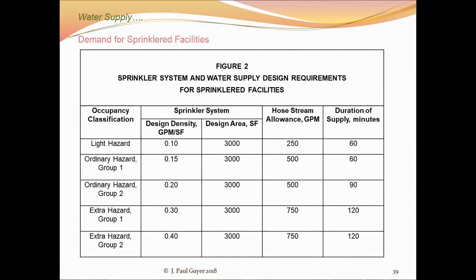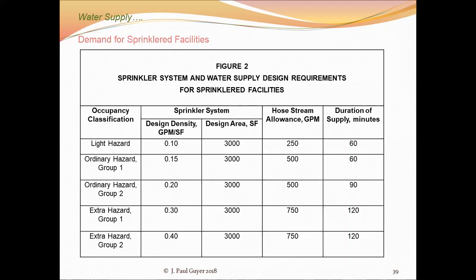So you need then, for a light hazard occupancy, 300 GPM of water plus 250 GPM, or a total of 550 gallons per minute of water needs to be delivered to the fire.